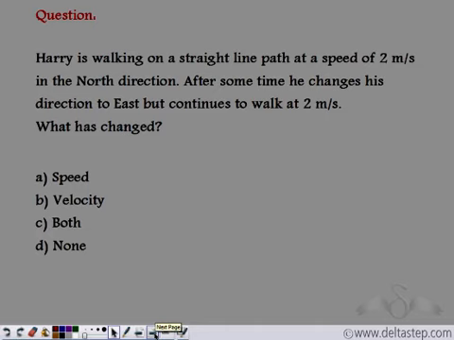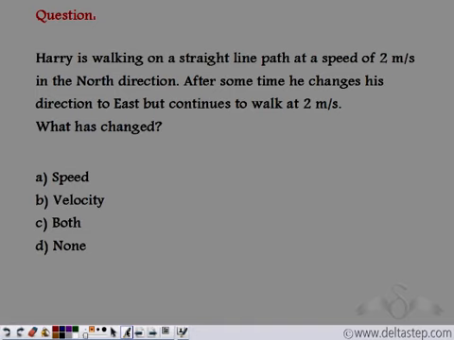Harry is walking on a straight line path at a speed of 2 meters per second in the north direction. After some time, he changes his direction to the east but continues to walk at 2 meters per second. What has changed? Well, we see that he was traveling at 2 meters per second. Again, later also he was traveling at 2 meters per second.